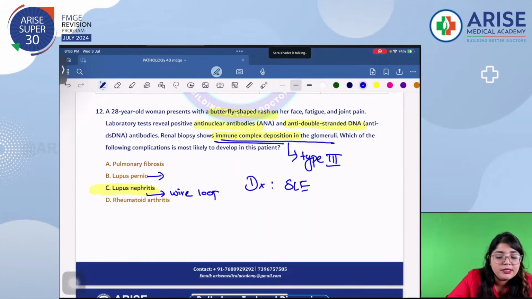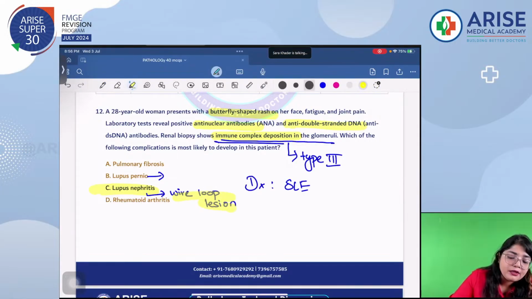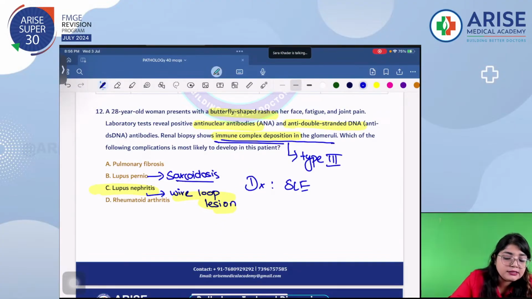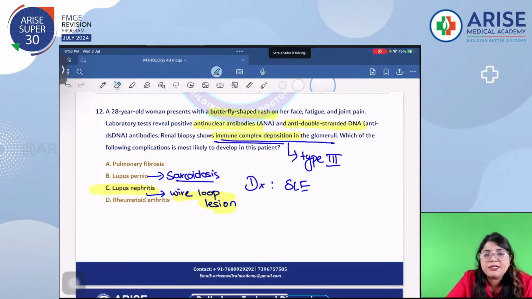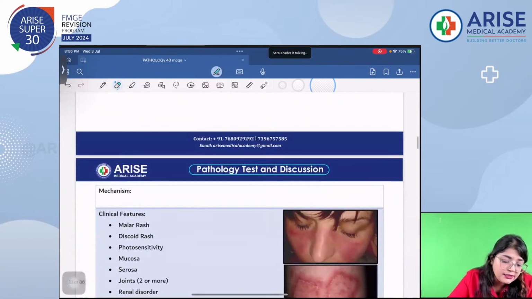Very famous wire loop lesions. Lupus pernio is seen in sarcoidosis. It is a skin manifestation of sarcoidosis. Sarcoidosis, if you remember, is a systemic condition that affects the lungs most commonly, but it can affect the skin also.